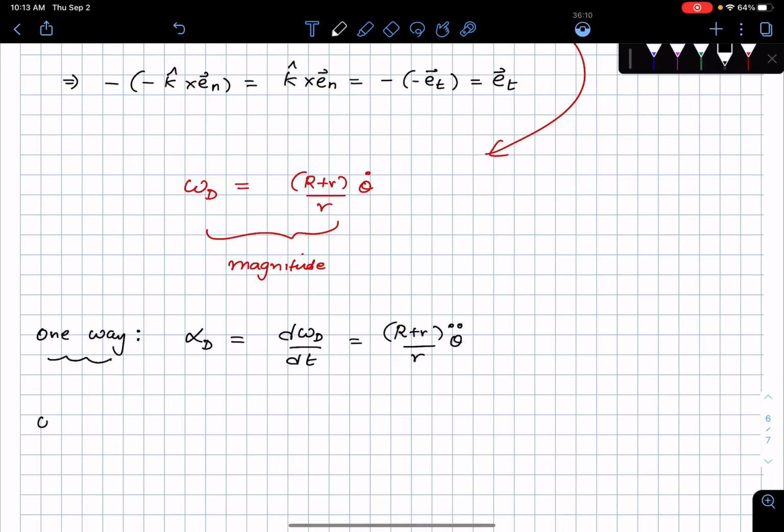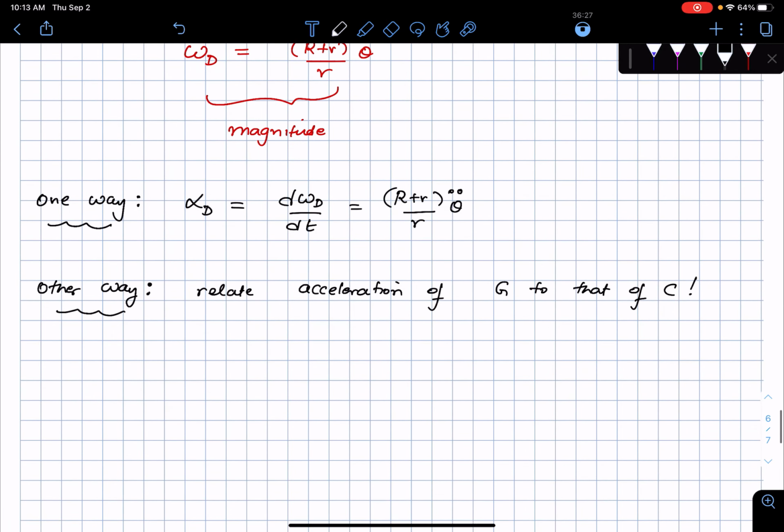The other way is to relate the acceleration of point G to that of point C. I'm going to write this very quickly.